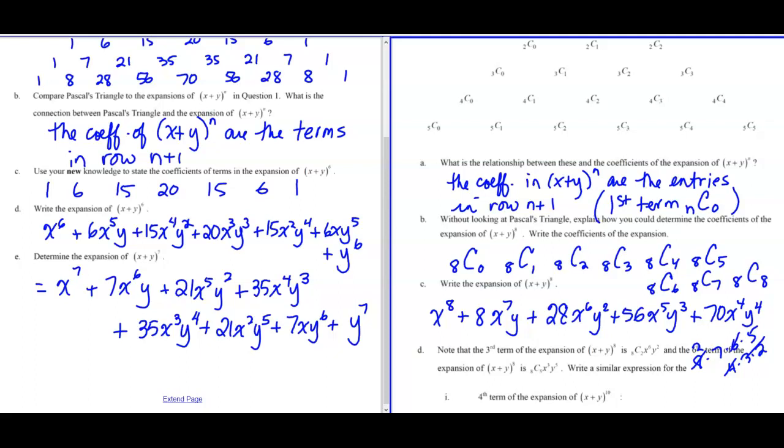Then you don't need to do any calculations, right? Because it's symmetrical. So now we'll go back from there. The next will be 56 x cubed y to the 5th plus 28 x squared y to the 6th plus 8 x y to the 7th plus y to the 8th.